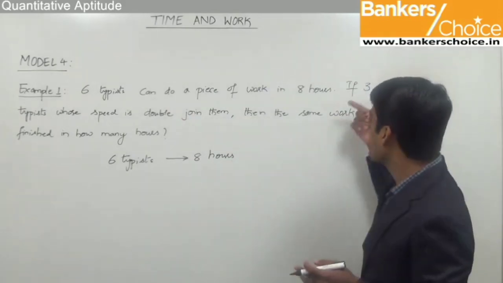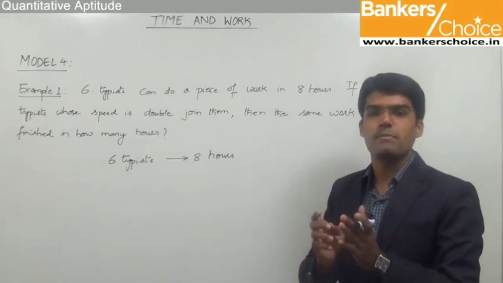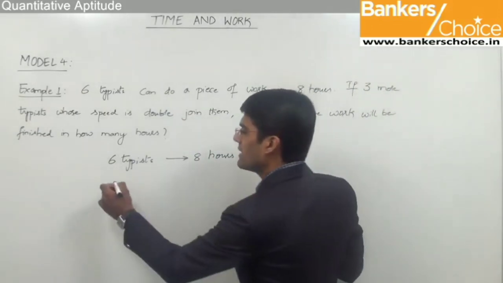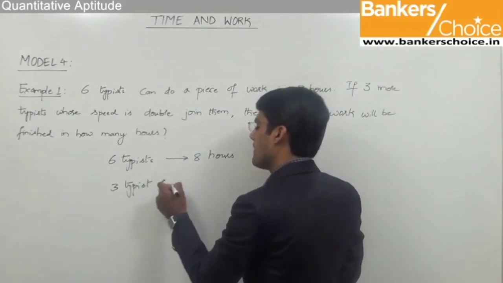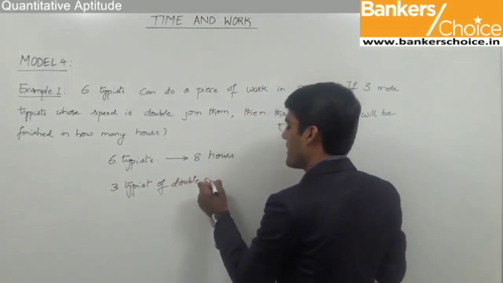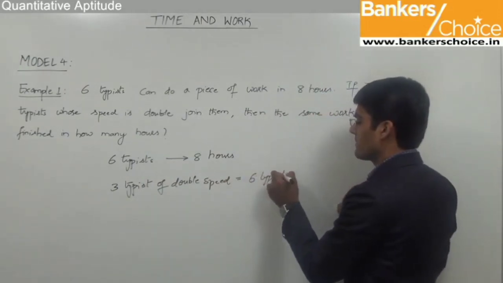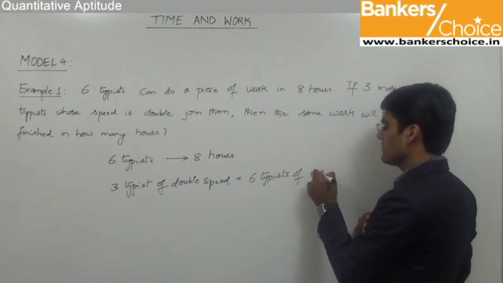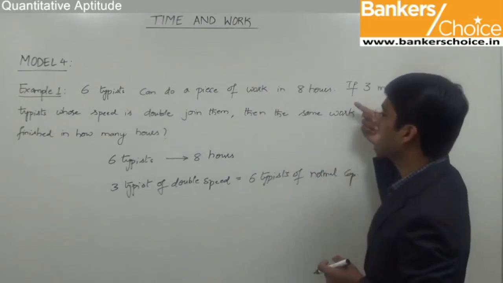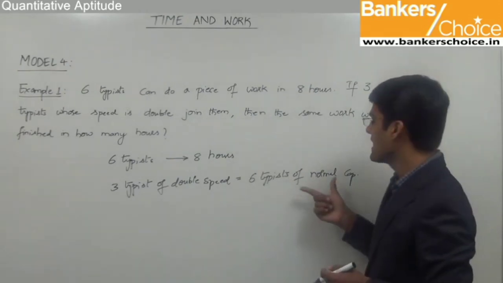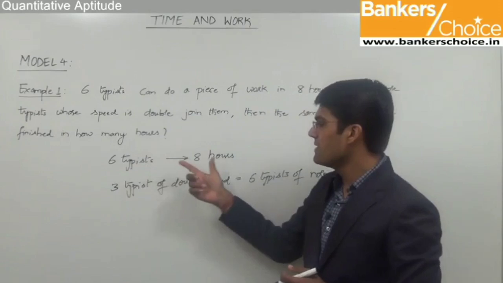So instead of saying that 3 typists of double speed, we can simply say that there are 6 typists of normal speed. So instead of saying that 3 typists are going to join, we can simply understand that 6 more typists will join.